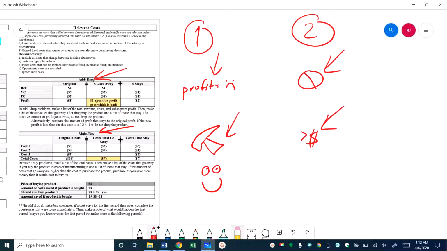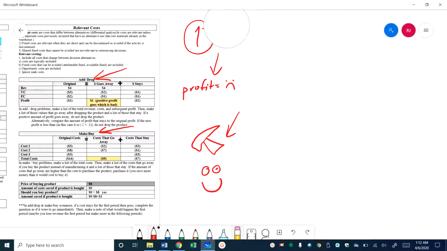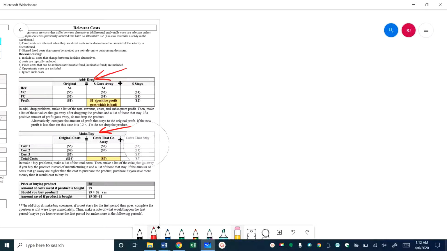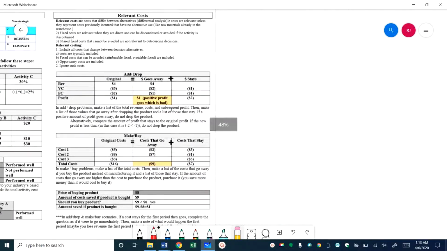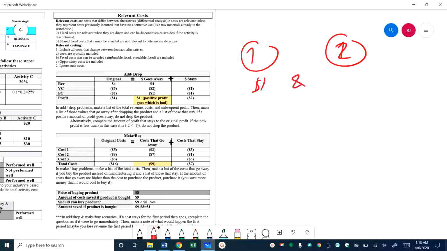So just getting into some vocabulary, remember when I said that say you drop a product, some of the costs may stay. Any costs that stay, or anything that stays between the two alternatives, so if that cost exists in both alternatives, then it is considered irrelevant.